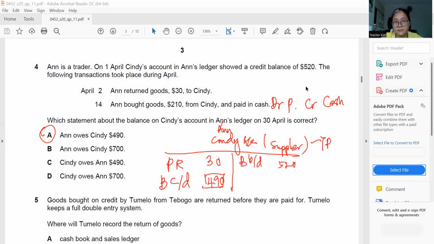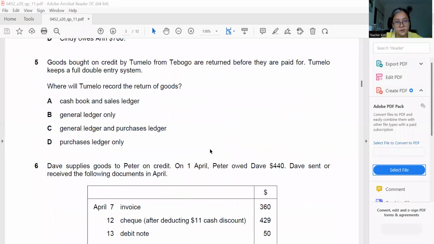Okay, next. Question 5. Goods bought on credit by Tumilo from Tibogo are returned before they are paid. Tumilo keeps a full double entry.